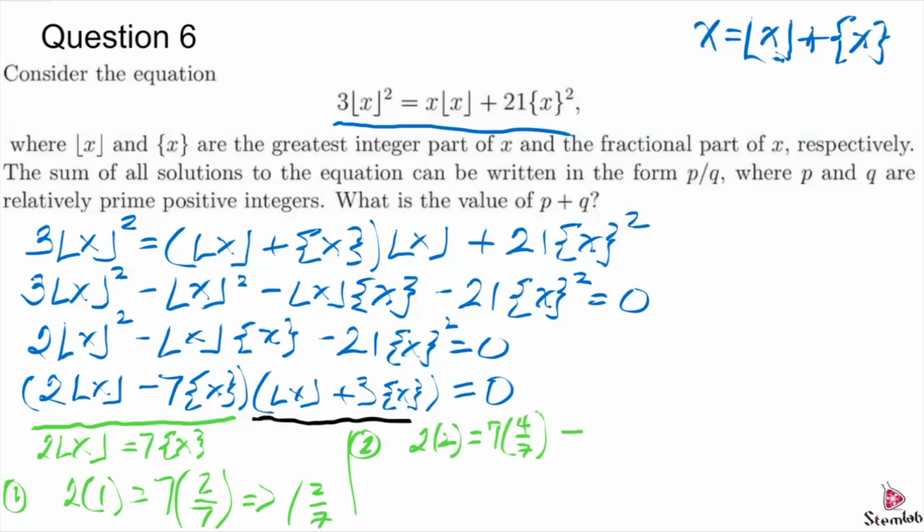This gives us x equals 2 and 4 sevenths. The third case is 2 times 3 is equal to 7 times 6 sevenths. You can try, but there's no other fraction that will satisfy. So we have the 3 solutions for the first binomial.